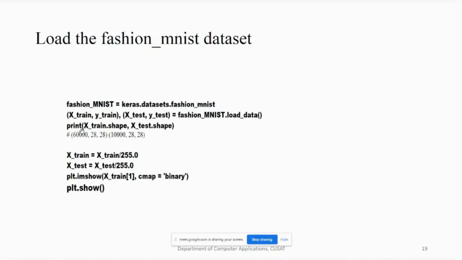For that, we can make use of print X_train.shape, then X_test.shape. Here 60,000 images are available, and all the images are of 28 by 28. All these 60,000 images are now available in the training data set, and the remaining 10,000 images are available in the test data set.